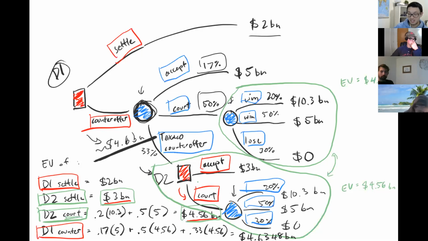And in the first decision, essentially what you can choose is $2 billion or $4.6 billion. And so you would choose the counter offer because that's the one that's going to get you more money most of the time. Make sense?